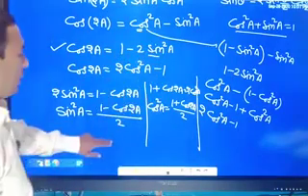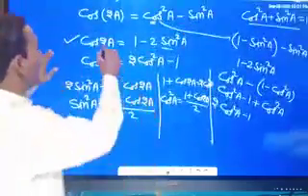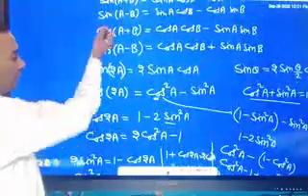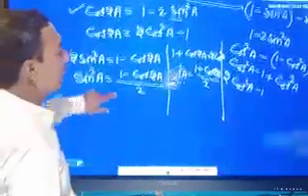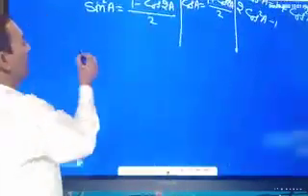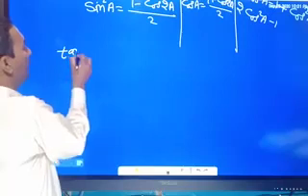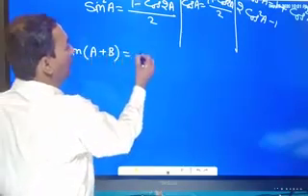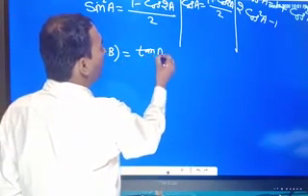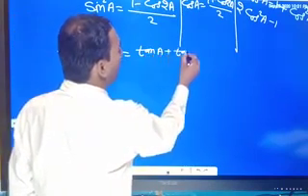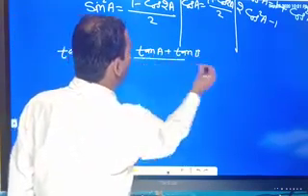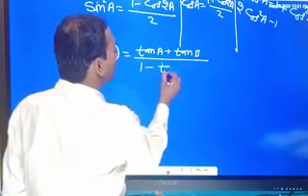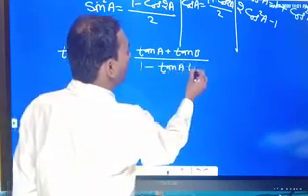So now we take another formula. These formulas are very important in physics. ये ज्यादा काम में आते हैं. tan a plus b और tan a minus b वाला इतना काम में नहीं आता है. But the formula is given: tan(a plus b) is tan a plus tan b upon 1 minus tan a tan b.